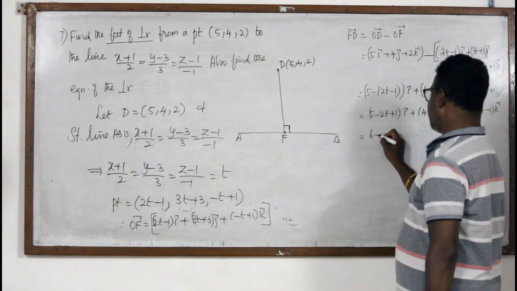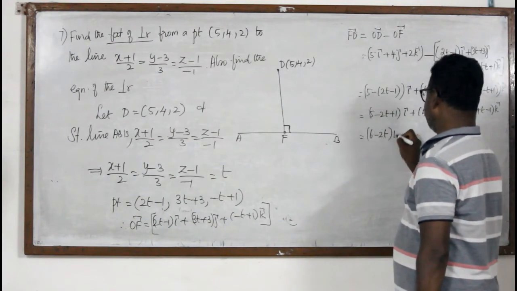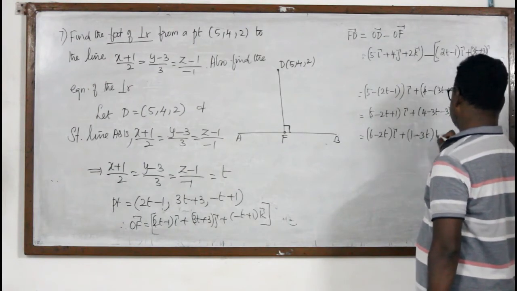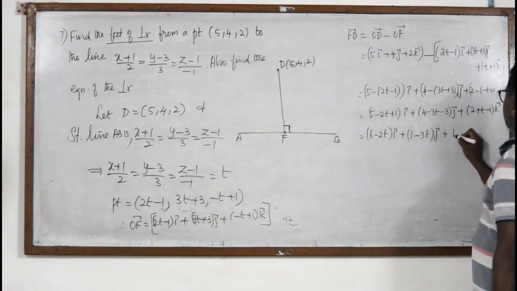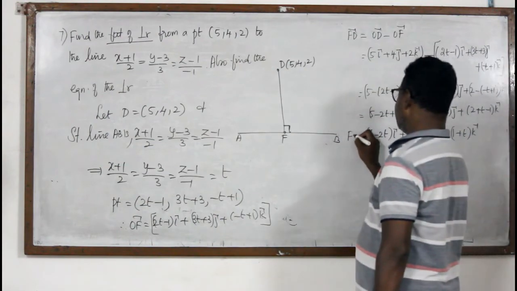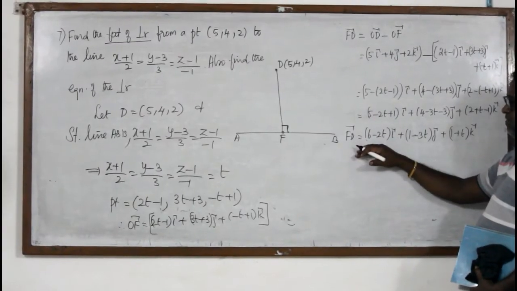It is (6-2t)i, (1-3t)j, (1+t)k. This is our FD vector.